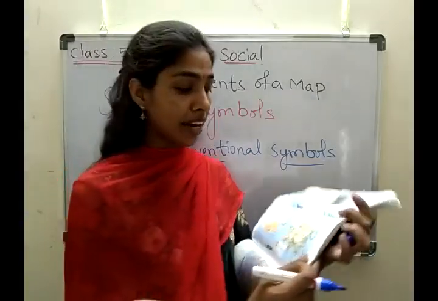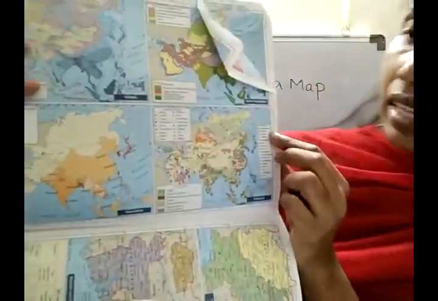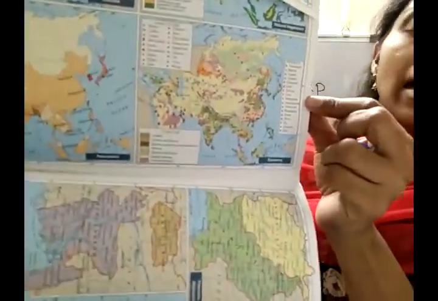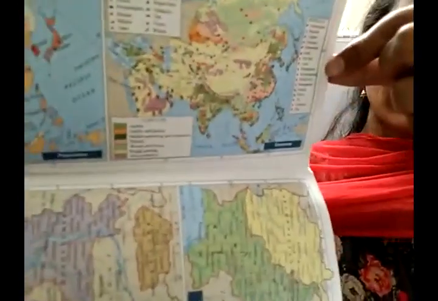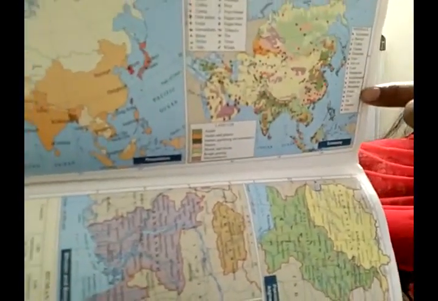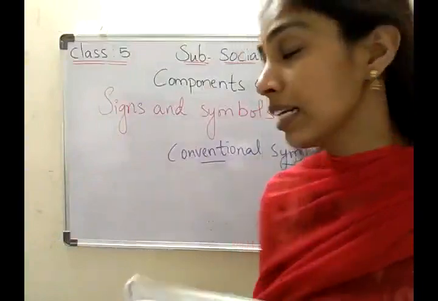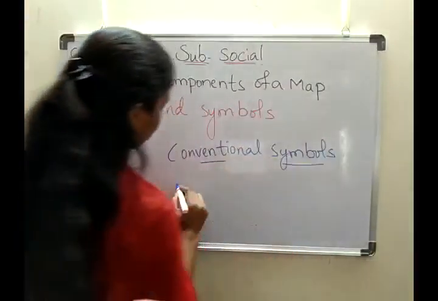In a map we find a table. So this is a table. Children, is it visible to you? In a map we find a table, a list of symbols used within the map and what they stand for. This is called legend or key.